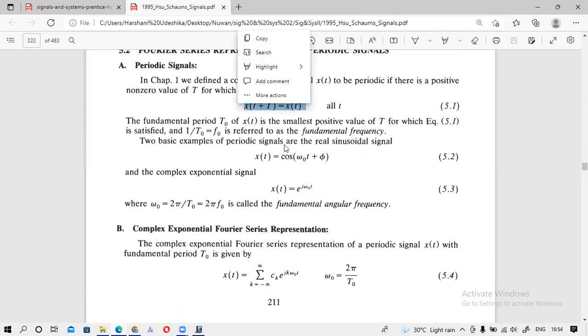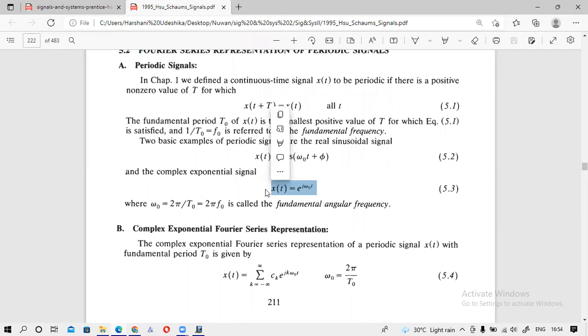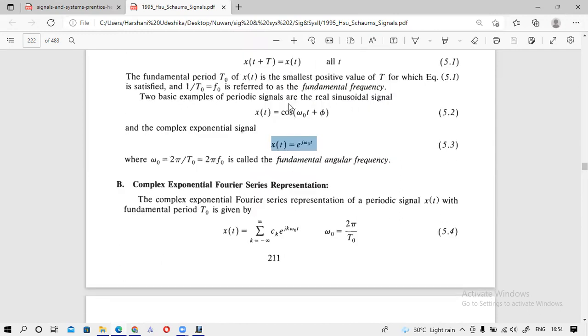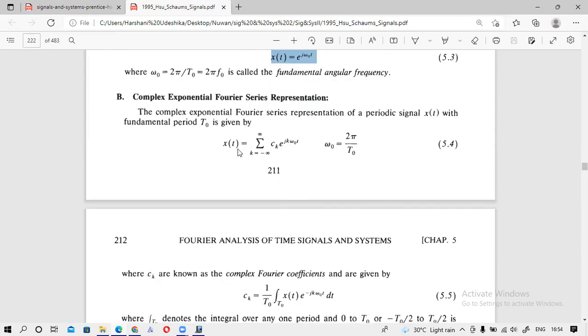This is the condition for a periodic signal, and these two are our basic periodic signals, the sinusoidal signal and the complex exponential signal. Using these two basic periodic signals, we can represent any signal x(t) as the sum from minus infinity to plus infinity of Ck e to the power jk omega naught t, where omega naught is equal to 2 pi by T naught.